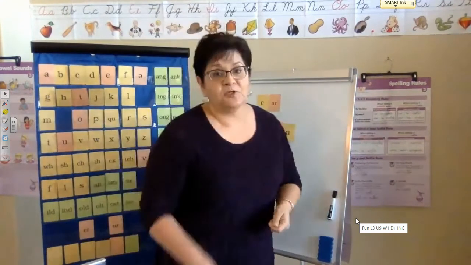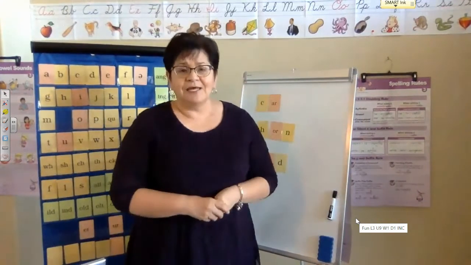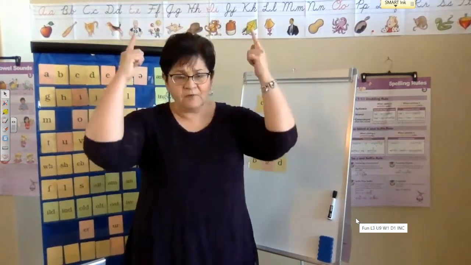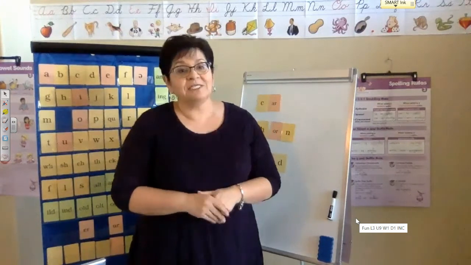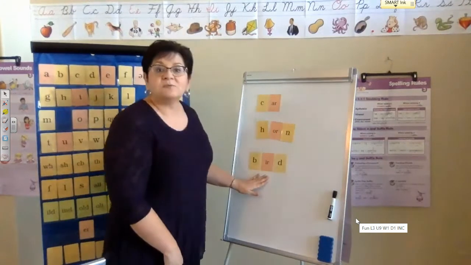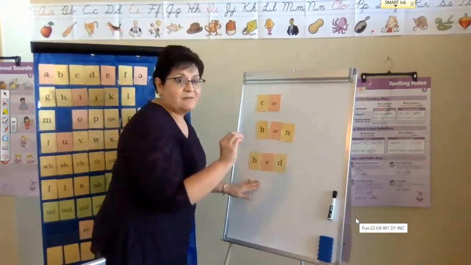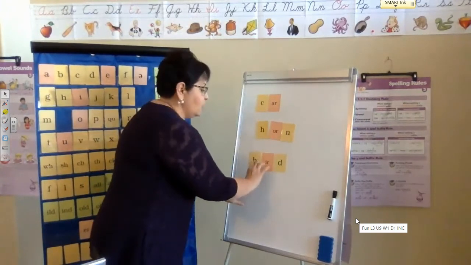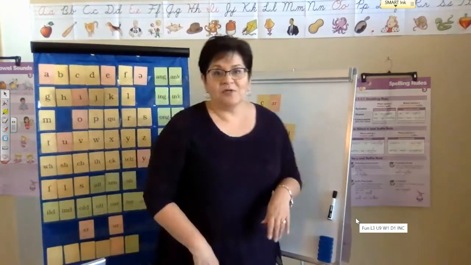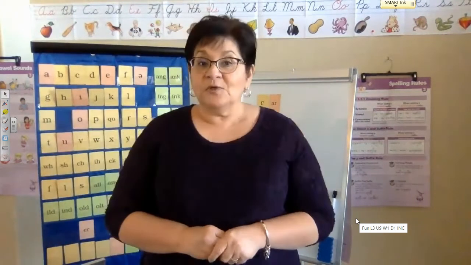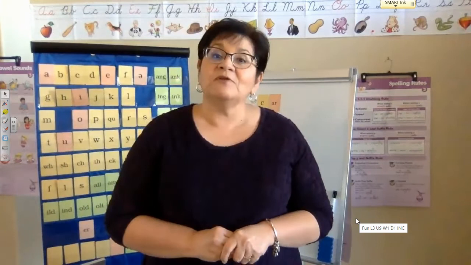A car has a horn. Your bike might have a horn. A cow or a bull might have a horn. But that or is still going to get one tap. Let's read this word. Tappers up. Here we go. Bird. Bird. So we have a bird that flies in the sky. That was a good reminder of what we do.